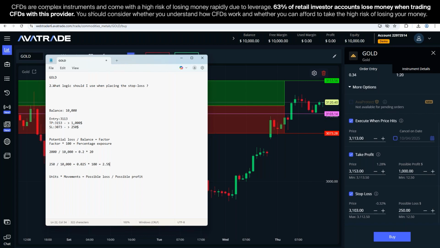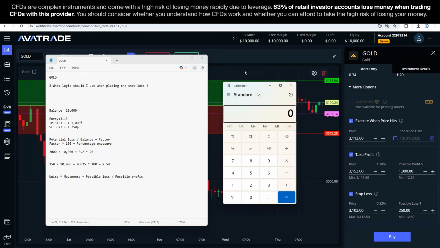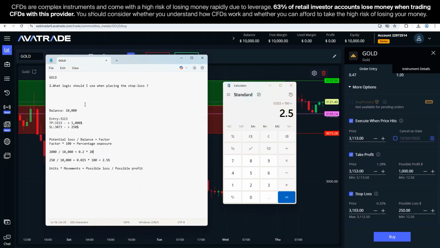So you can see how easy that is. I'm just using a calculator, nothing special here. We have customized it like this, and that's wonderful.